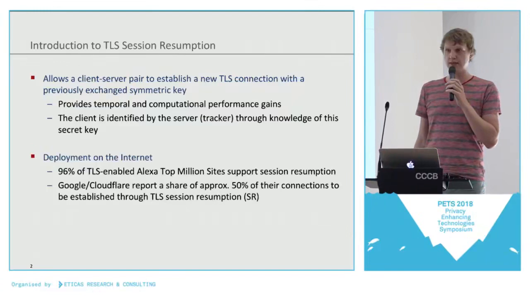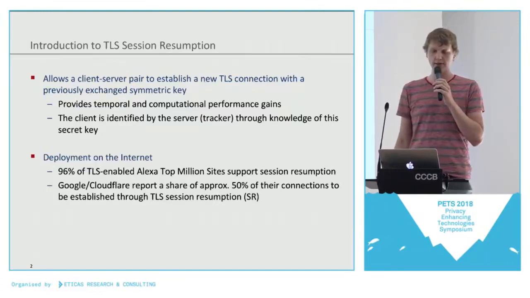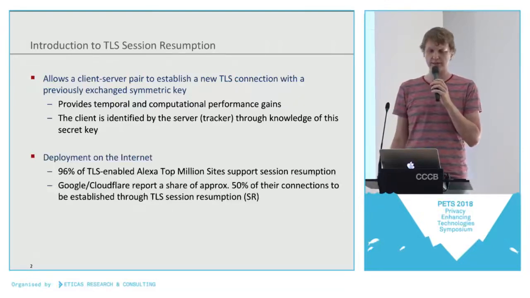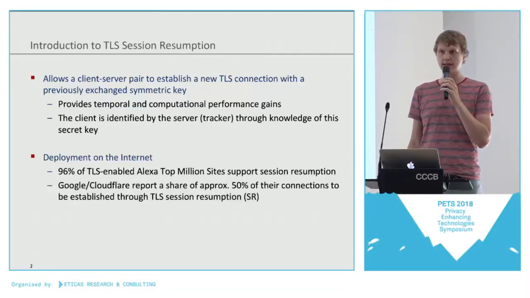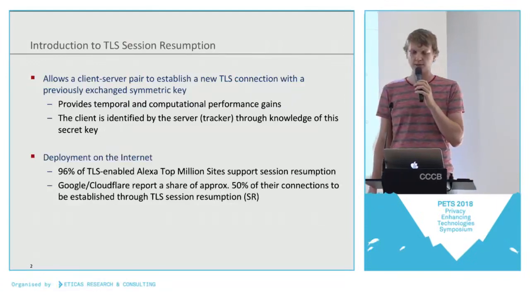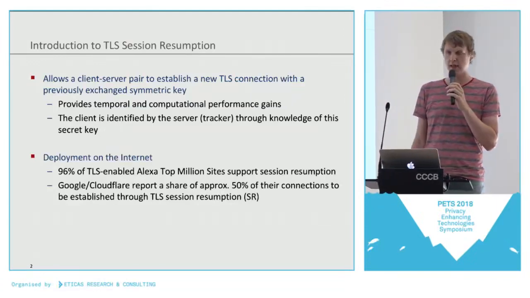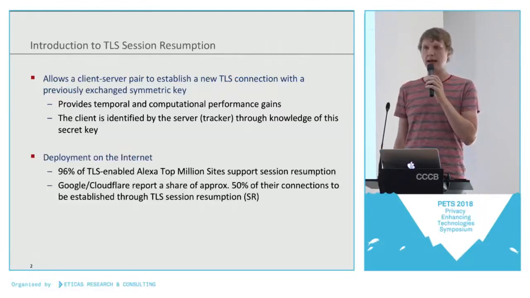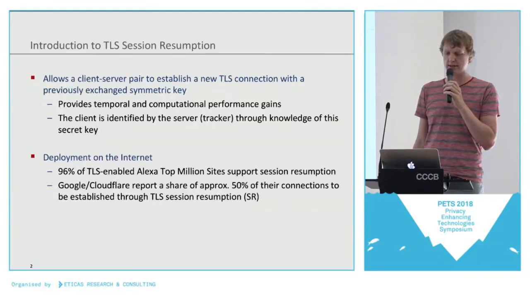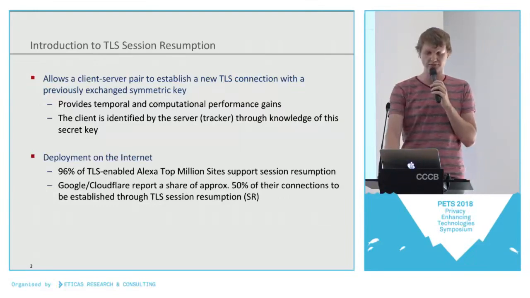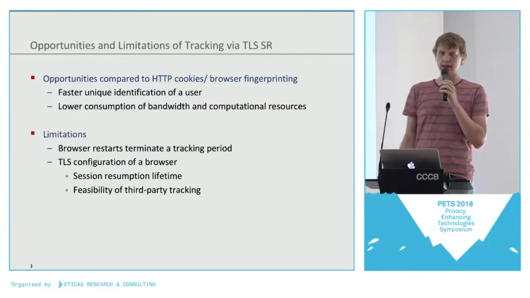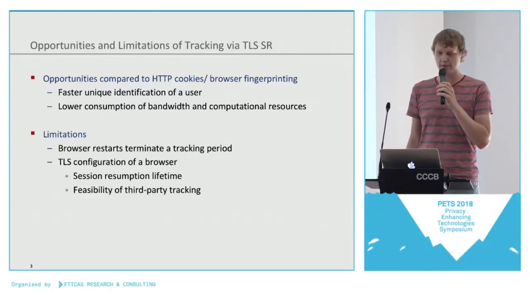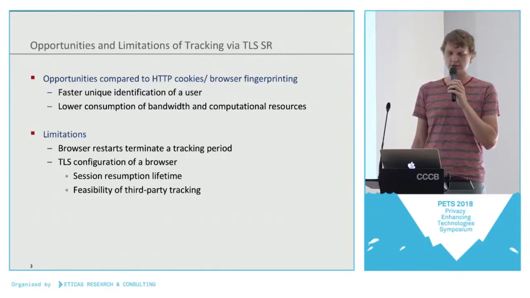TLS session resumption is very widely used on the internet. My measurements show that 96% of the TLS-enabled Alexa Top Million sites support session resumption. And Cloudflare and Google report that approximately half of all new connections are established through TLS session resumption. So, what are the opportunities and limitations of tracking someone over TLS session resumptions?